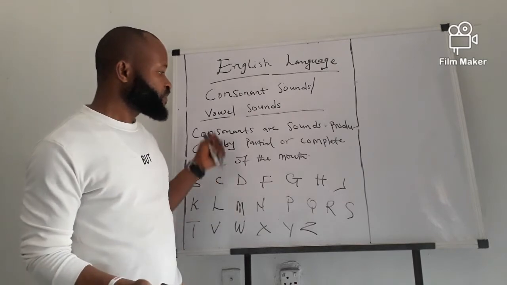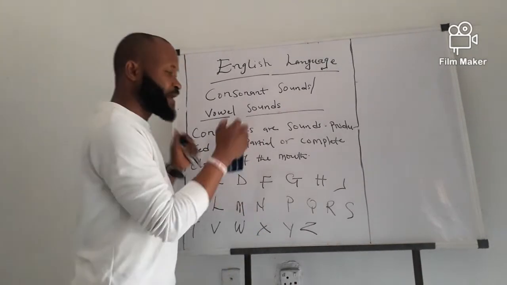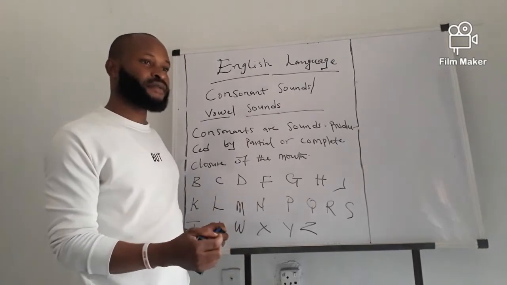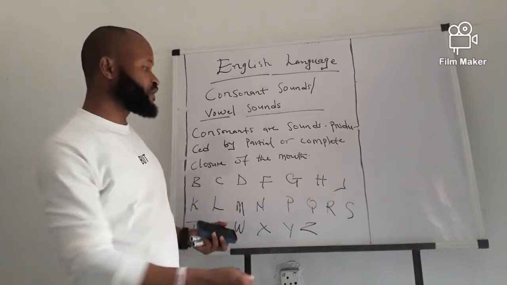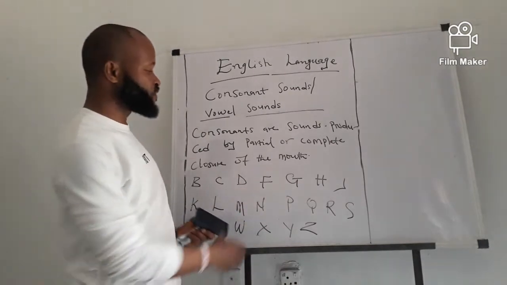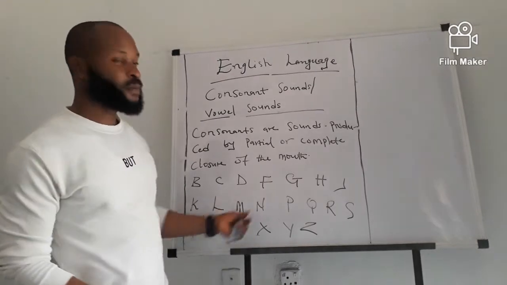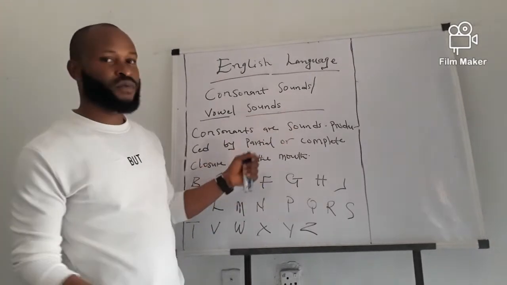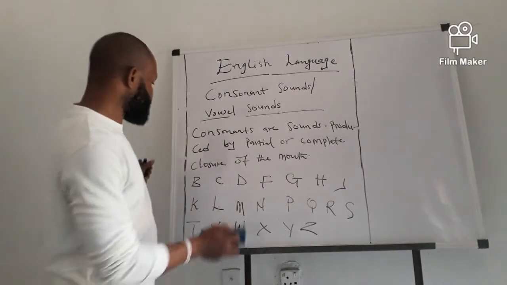So these are the consonant letters. We are going to be using them. They are the basics, the basic rudiments. In fact, they formed English language. So if you do not know those things, you do not know English language. From here, we're going down to the vowels.